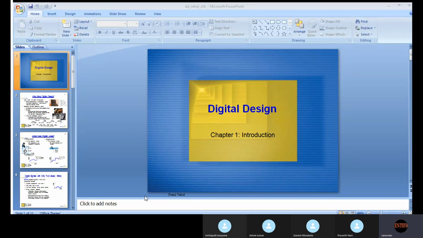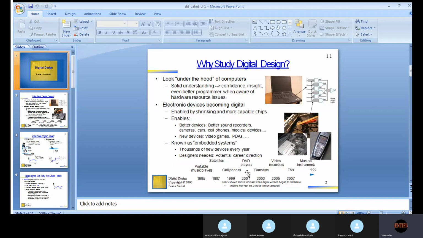Okay, I think you are able to see chapter 1, ఒకటి కనిపిస్తుంది కదా, చూడండి. So see here. Can you see the slide? Can you see the slide? Why study digital design ఉంది? Yes, ma'am. Yeah, you can see the slide, right?